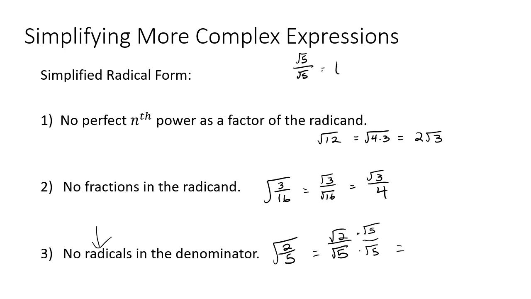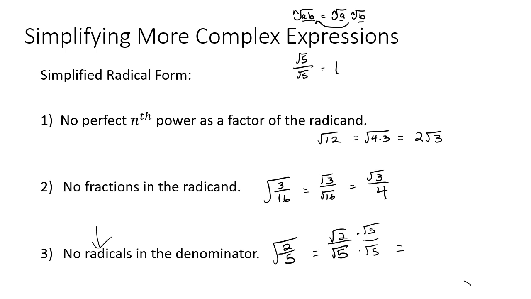So the top now, square root of 2 times square root of 5. We'll talk a little bit more about this later on, but I can give you guys a taste of how we can simplify that now. If you just use the product rule for radicals that we looked at earlier, that said that radicals distribute across products, in reverse, then we can actually take what's inside these square roots and multiply them together.